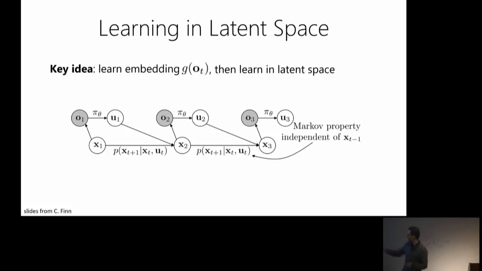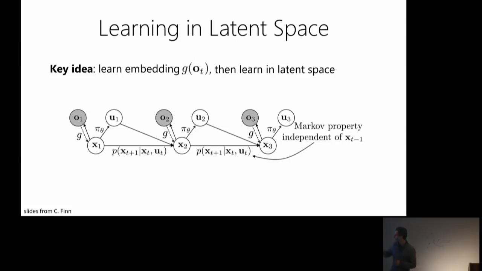So instead of having policies that directly map from observations to actions, we're going to have some embedding function, g, that attempts to invert this generative edge from x to o, and then once we apply g to o, we get some kind of state that we can then use to choose actions. And we can use that state to choose actions either by learning a policy or by planning directly in the learned state space.